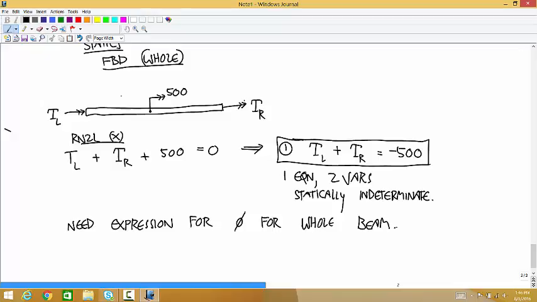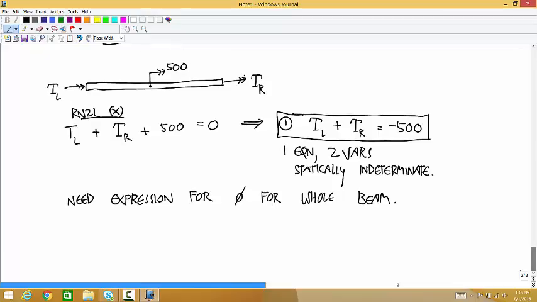And in order to do that, we have to do cuts and come up with expressions for the internal torque based on variables we already have. So how many cuts do we have to do here? 2. 2 cuts.